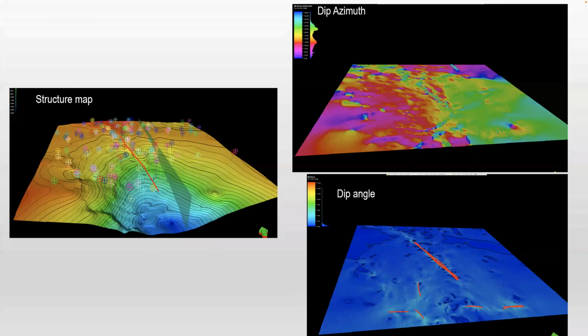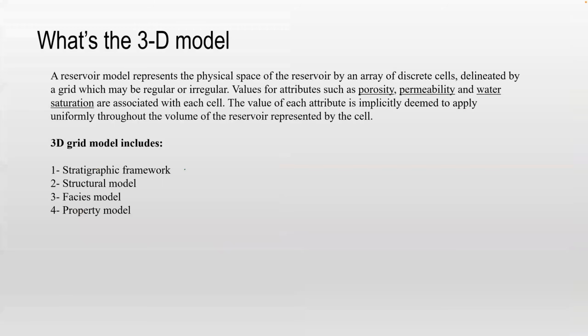This area shows that it is a faulted area. Also the dip azimuth shows the azimuth of this horizon, and it helps you to better find the faults and also the dip and azimuth of these intervals.